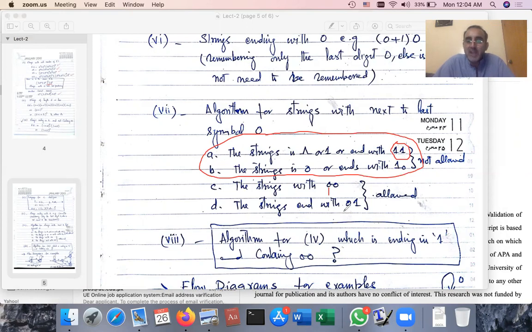The string ending with 0 1 has the next to last again 0, so this is again a legal string. So I have to allow these C and D, but I don't have to allow these A and B. These are the logical steps that I have to write, and this concludes the algorithm for this example.